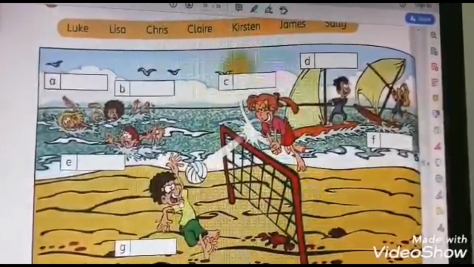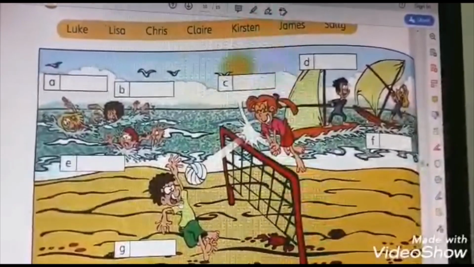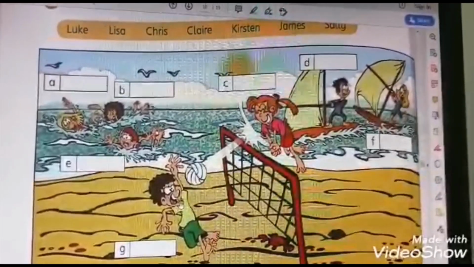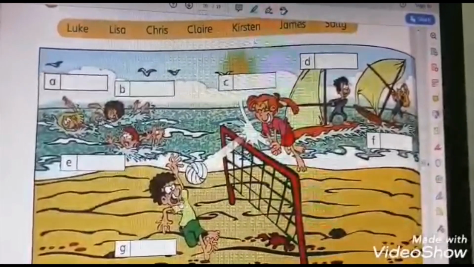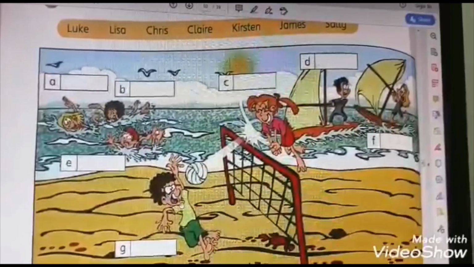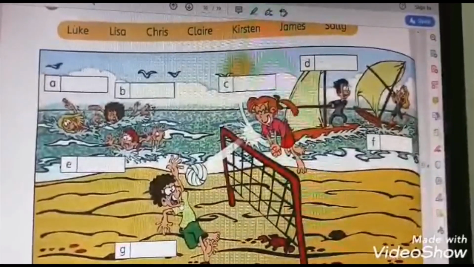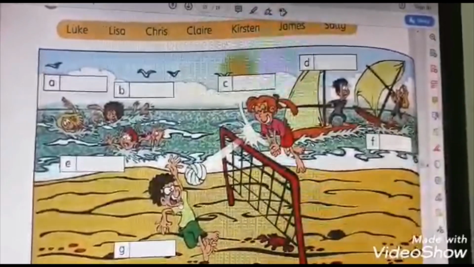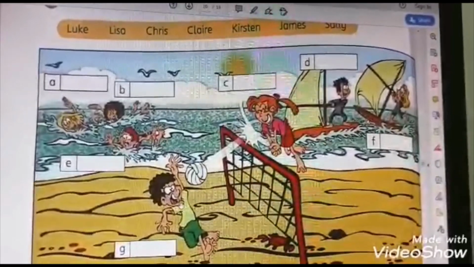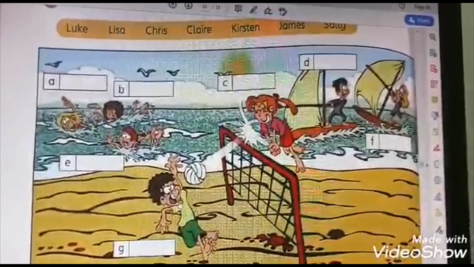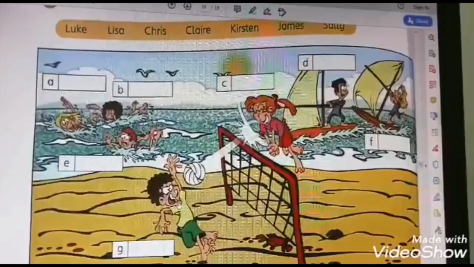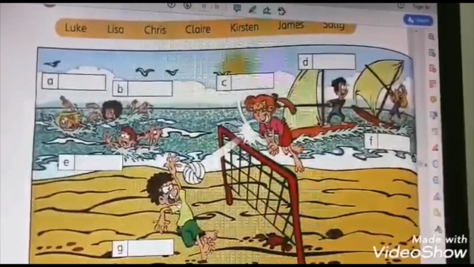Who's the blonde girl? What blonde girl? The blonde girl swimming in front of Kirsten. Oh, that's Sally. Sally is very fast. 7. Who's the boy swimming with them? That's Chris, Kirsten's brother. Poor Chris. He's a really bad swimmer. Yes, he is.